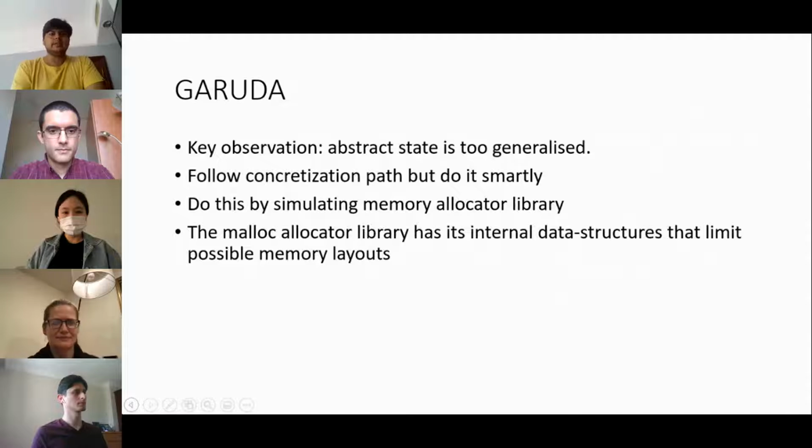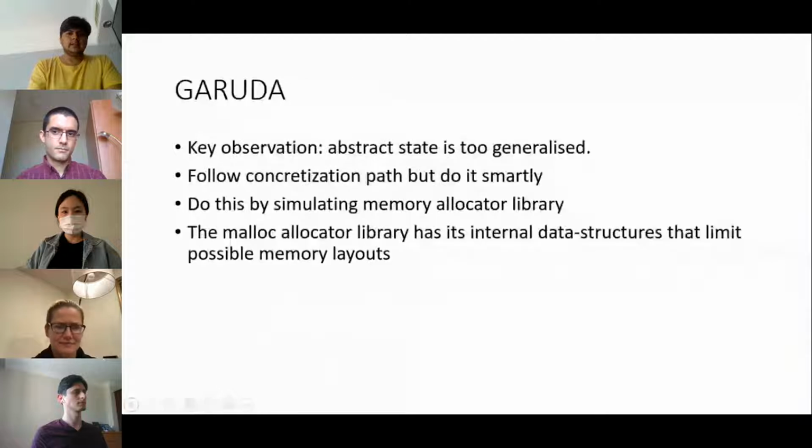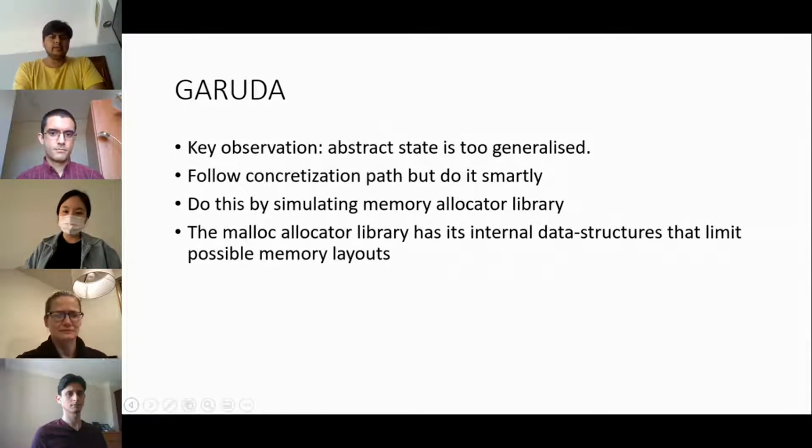So here's our idea. If we concretize, we miss out on coverage. And when we consider the size or base as symbolic, which are the memory layout parameters that decide how memory is laid out, we found that if you consider everything symbolic, the abstract state is too generalized and the state space explodes really fast. So we do concretize, but we do it very smartly, by simulating the memory allocator library.